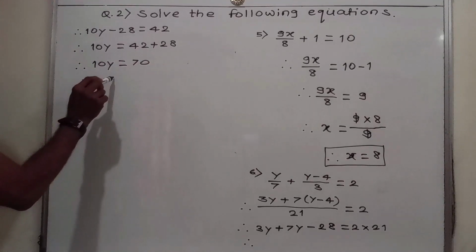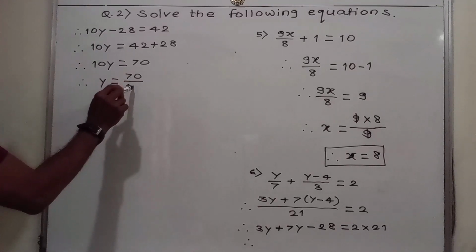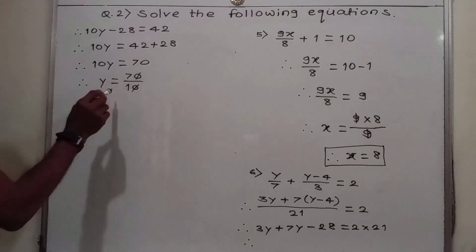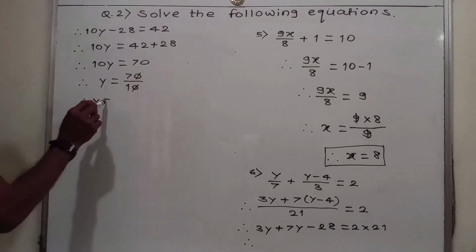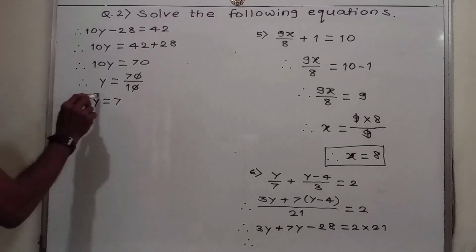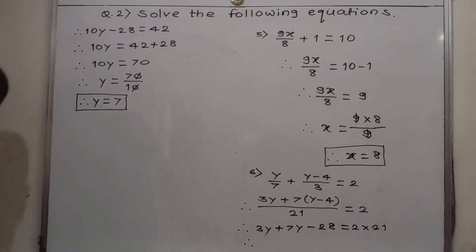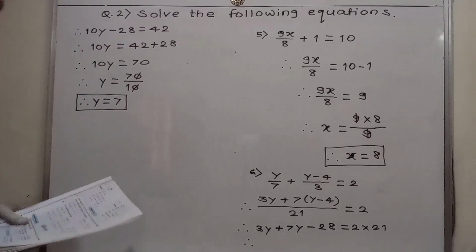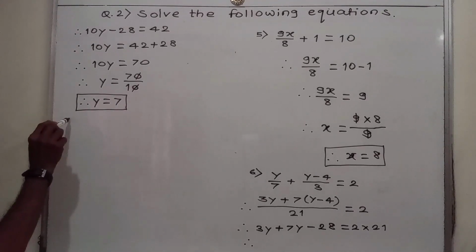Therefore, y is equal to 70 upon 10. Therefore, y is equal to 7. Only these two boys understood these examples. Okay, then 7th.